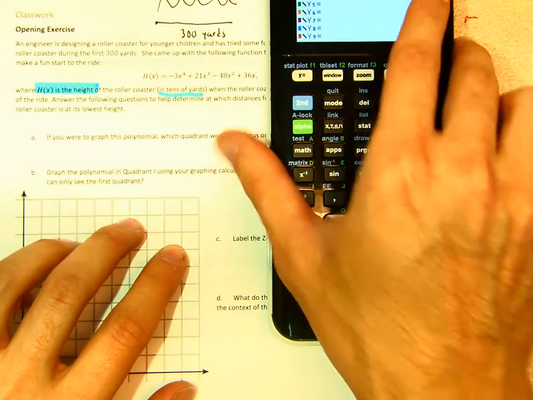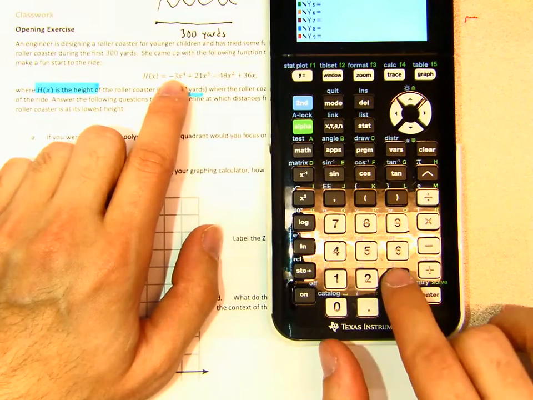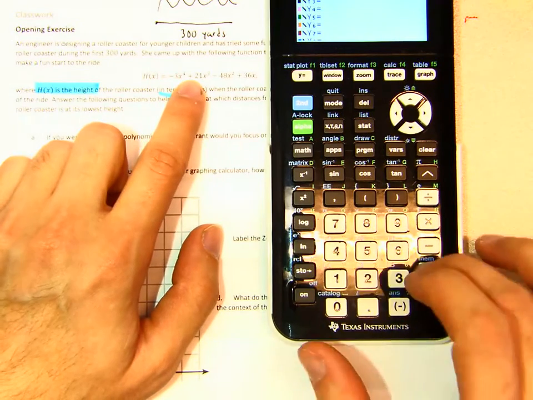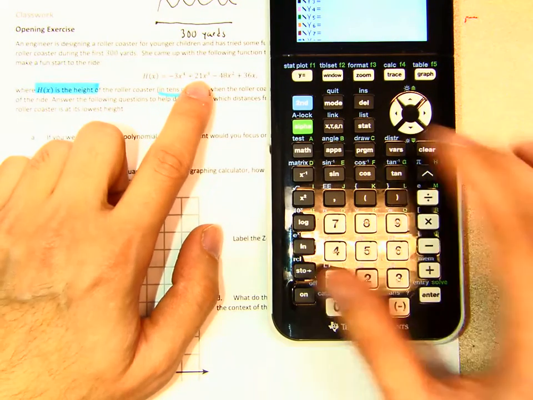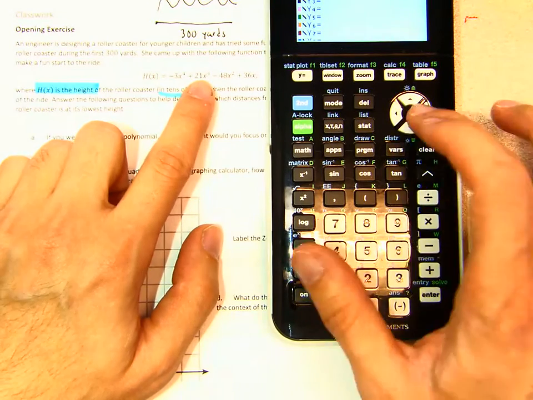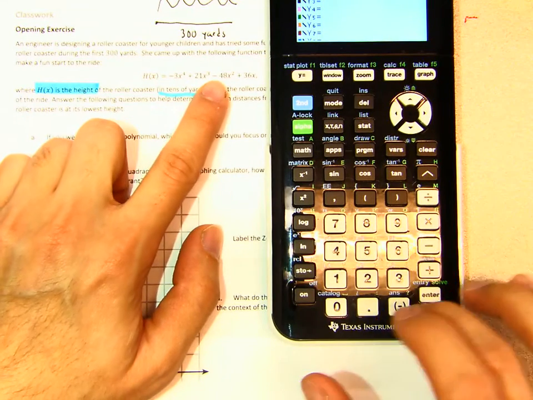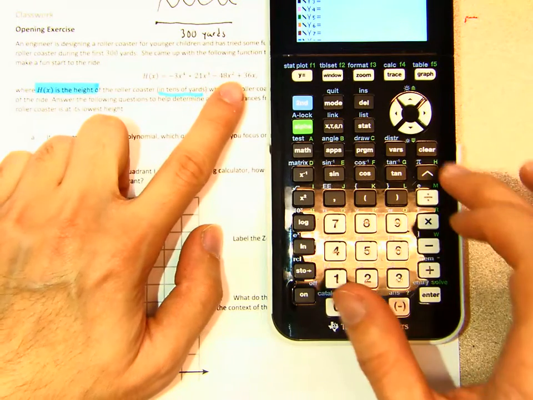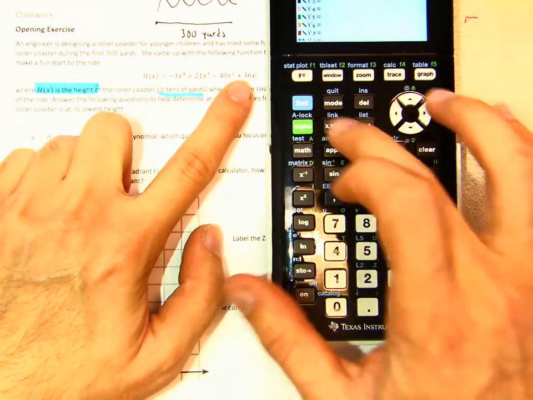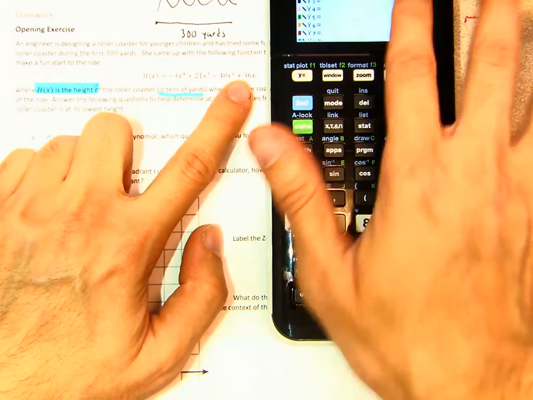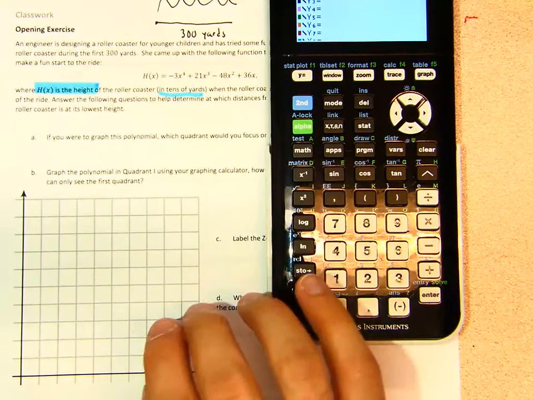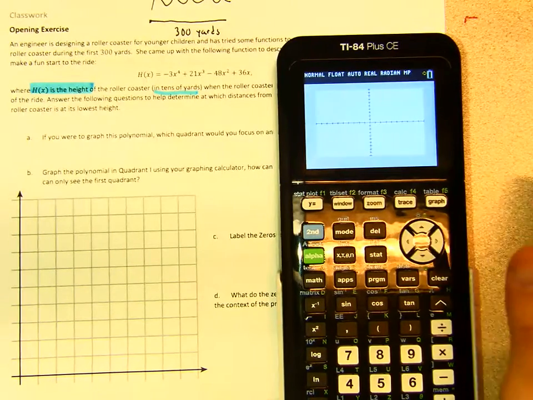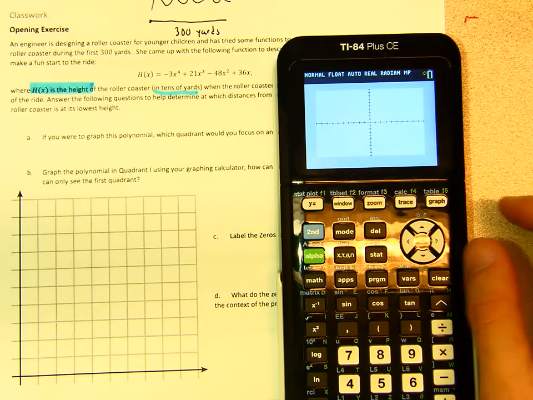It's negative 3x to the 4th, plus 21x to the 3rd, minus 48x squared, plus 36x. So we know that this is the polynomial for this function, and now what we're going to do is graph it. Let's go graph. What does it look like?